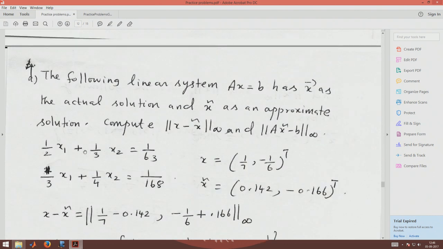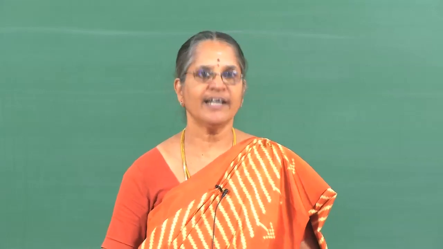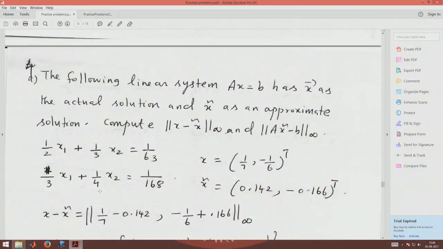So, you are given a system of 2 equations in 2 unknowns, and you observe that these coefficients half, 1 by 3, 1 by 3, 1 by 4 are the same as the example which we have considered earlier, and x is equal to 1 by 7, minus 1 by 6 transpose is the actual solution, and x tilde, which is this, is an approximate solution.